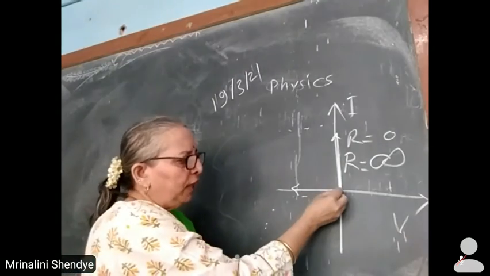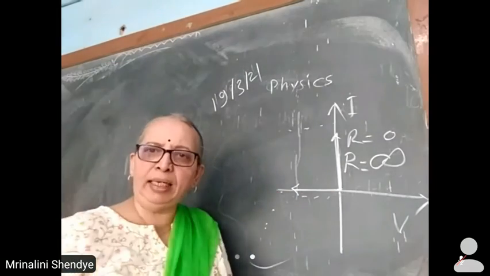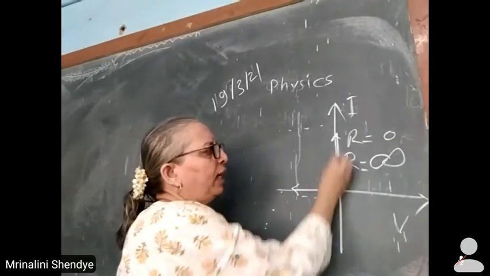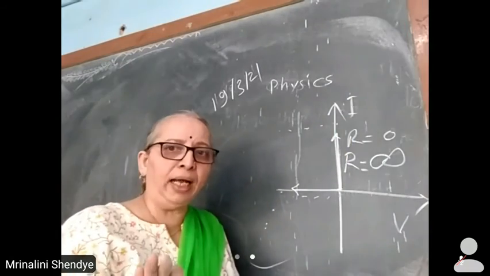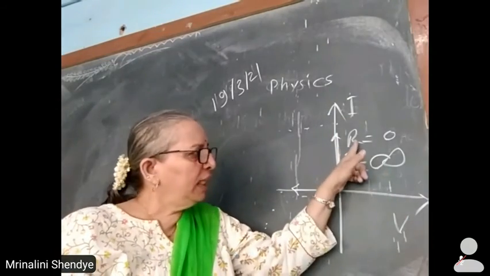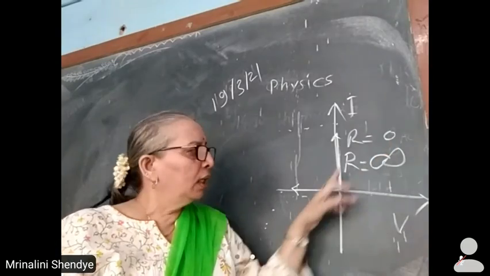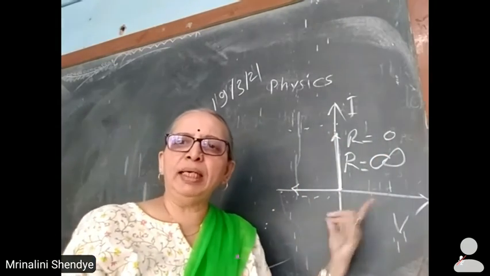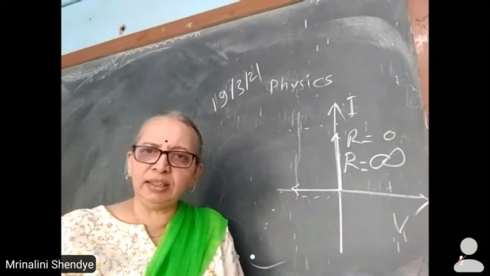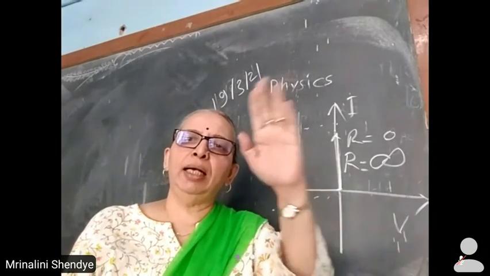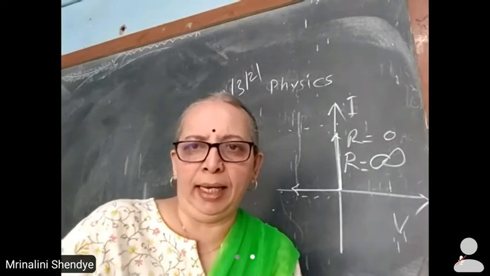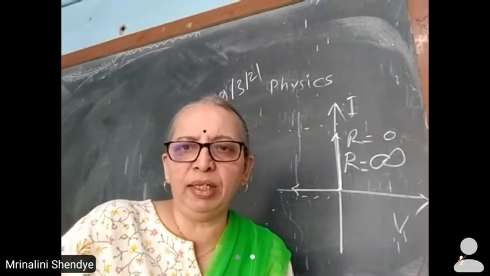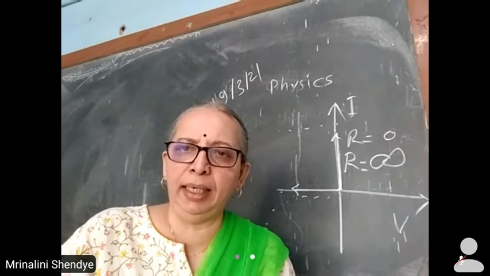So this will be along the negative direction of the x-axis. In forward bias, since it offers zero resistance, current will have maximum value. Without application of voltage, once current starts flowing through it, it will continue for infinite time. So such small questions can be asked.